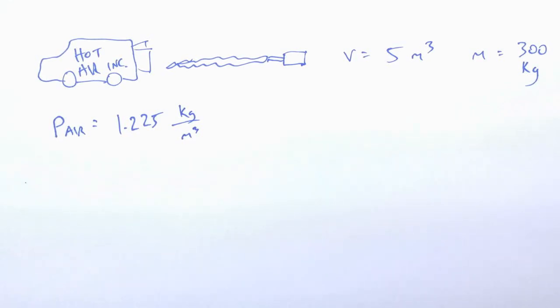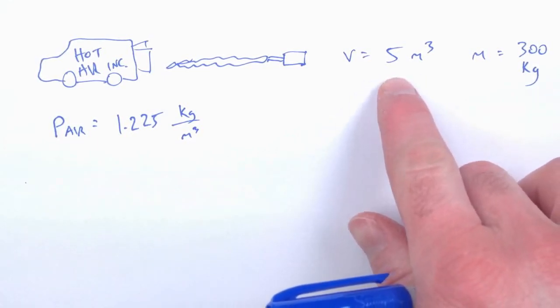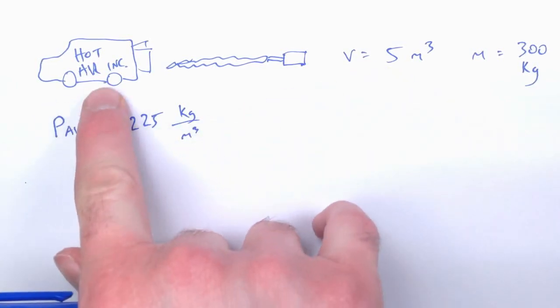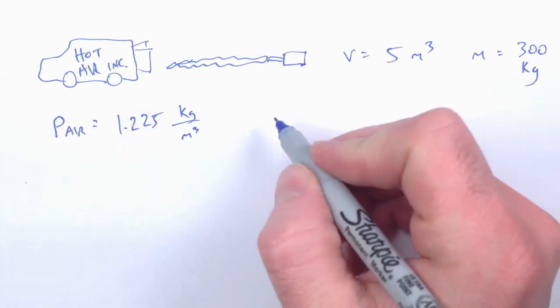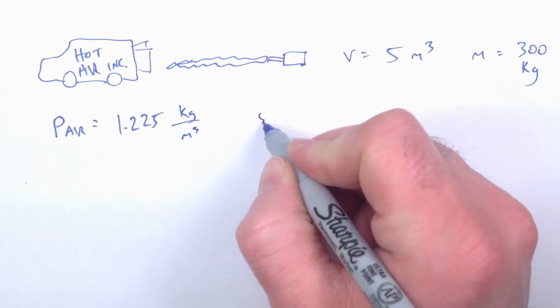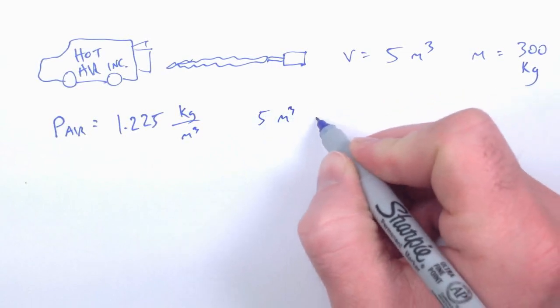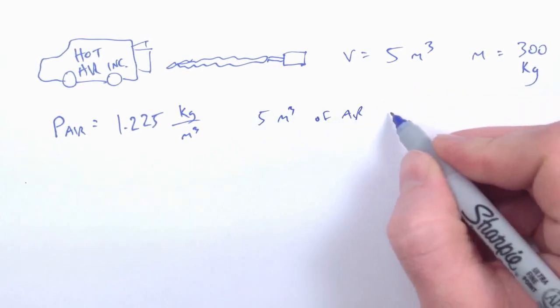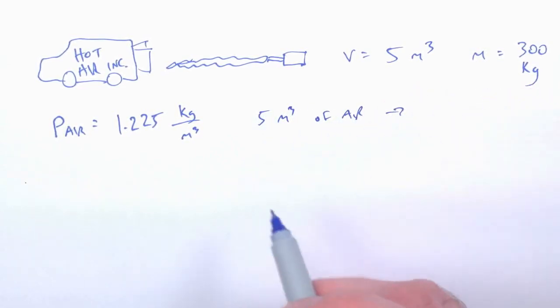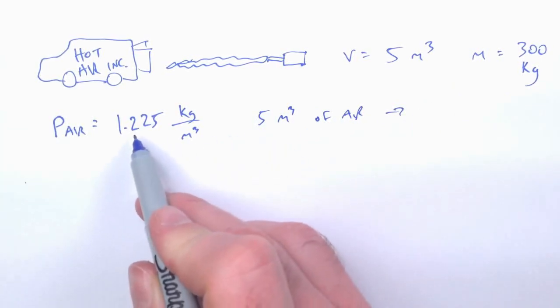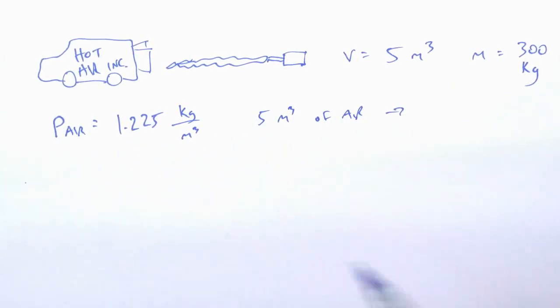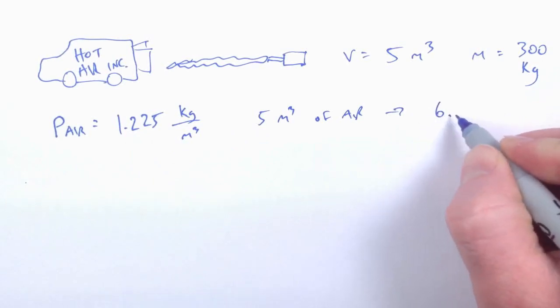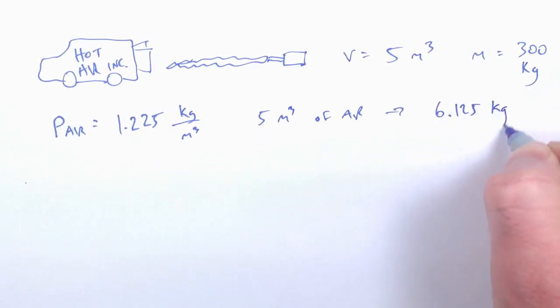So if you were to have a quantity of air that takes up the same amount of volume as this, basically fill the back of the van with air instead of with a hot air balloon, 5 cubic meters of air has a mass of 5 times 1.225 kilograms per meters cubed, and that's actually 6.125 kilograms.